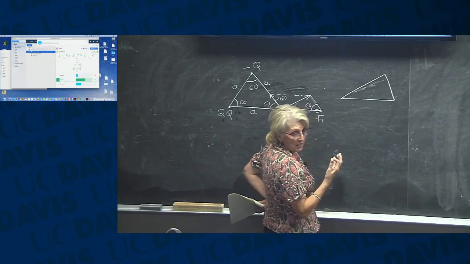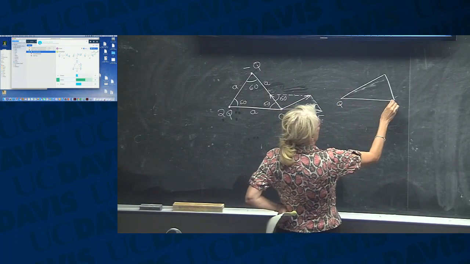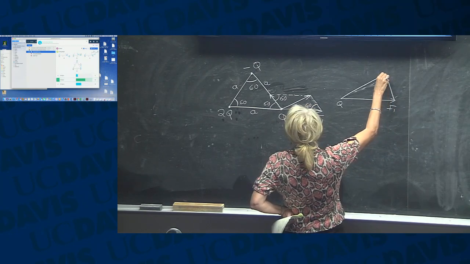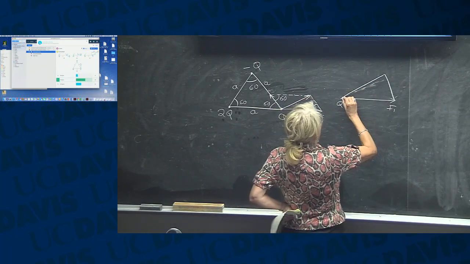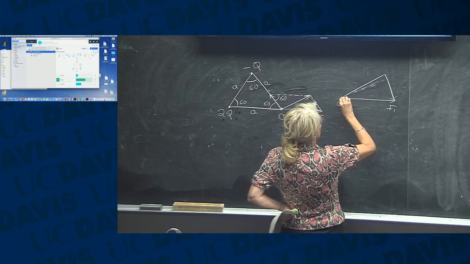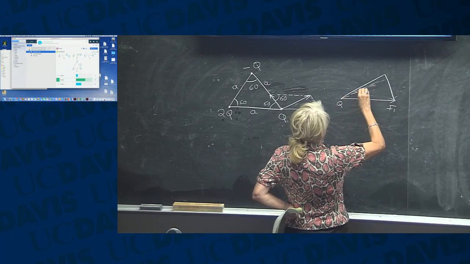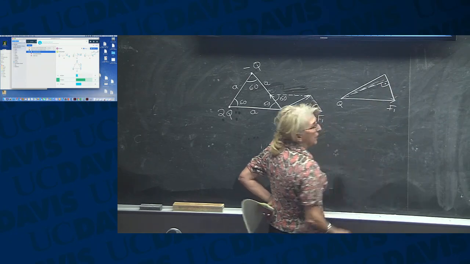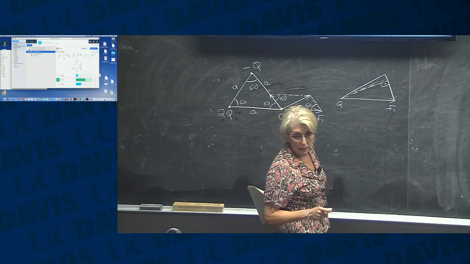Then if this is point Q, and this is F1, and this is that point, then I will draw from here the line which is perpendicular to this one. I assume this is not 90. Let me draw one that is 90.